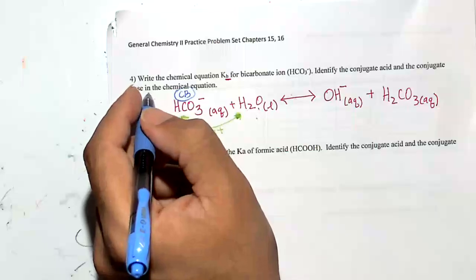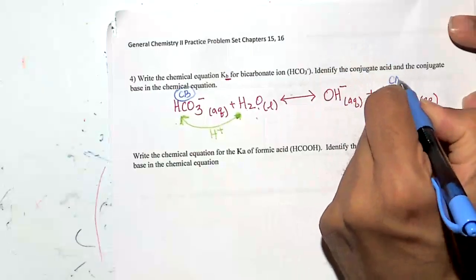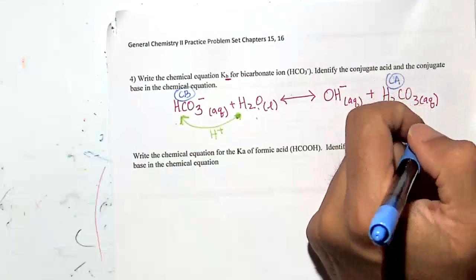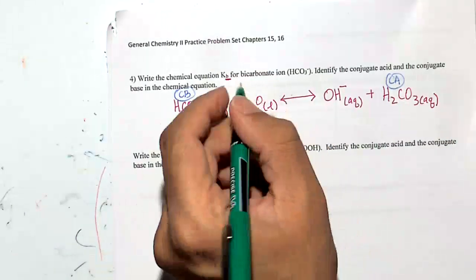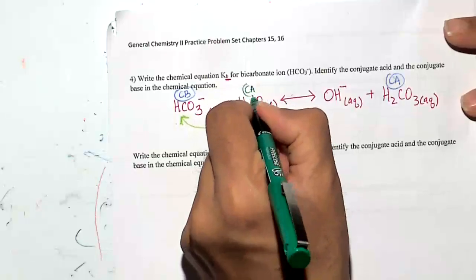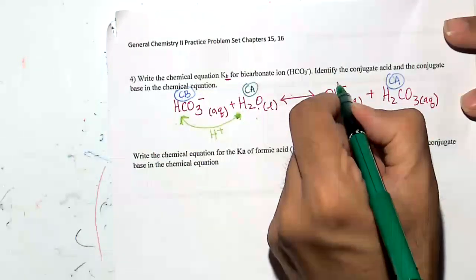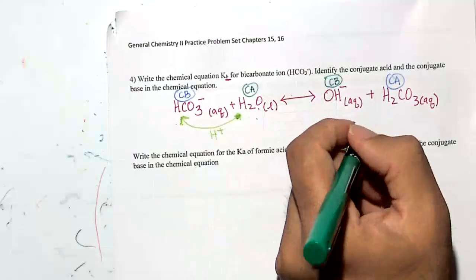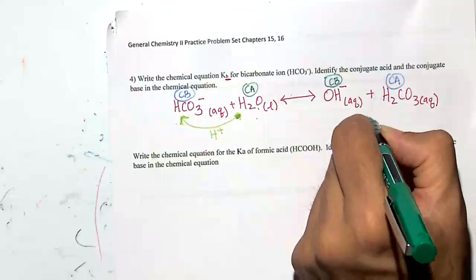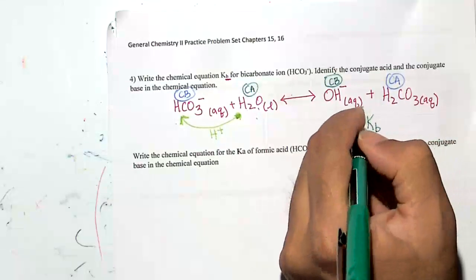What is the conjugate acid to this base? H2CO3. Water acts like the acid in the sense that it donates a proton. And what will you get as its conjugate? This. Right, so this is the Kb. This is the equation for Kb.